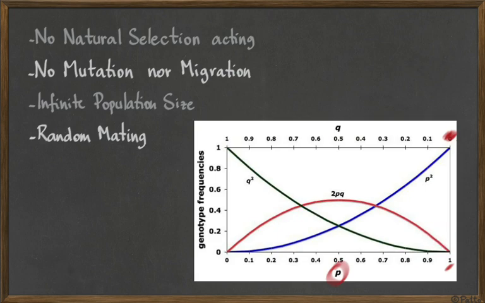So here we have a very small frequency of q. Where are they located? There is a little bit in here, but most is going to be in the heterozygote. And here, almost no homozygote recessive, and most of them are going to be in the heterozygote. So that tells us that if something is very, very rare, most of it is going to be located in the heterozygote. That's another thing that we can do.